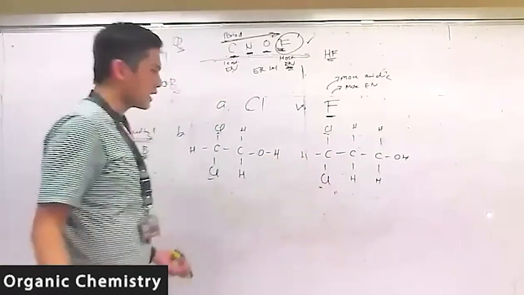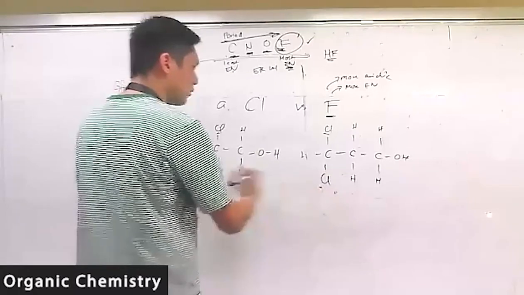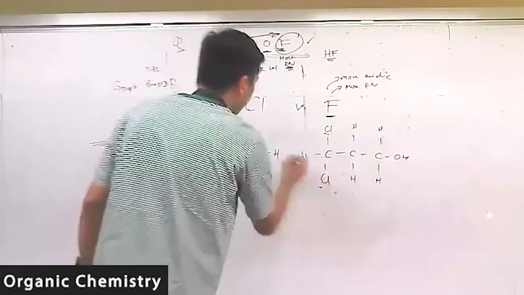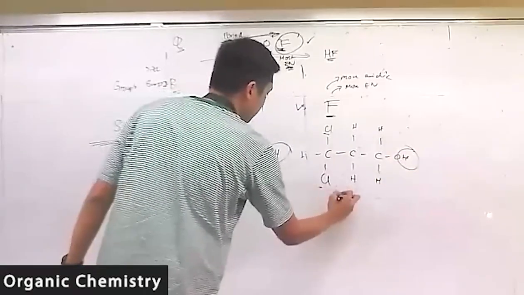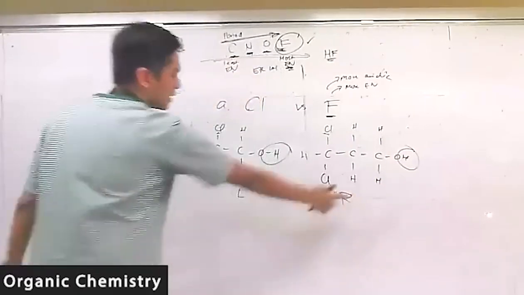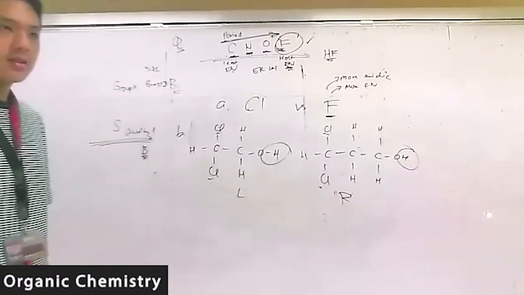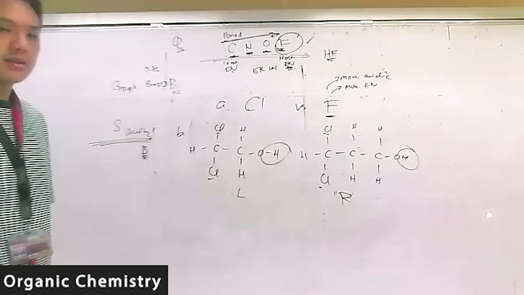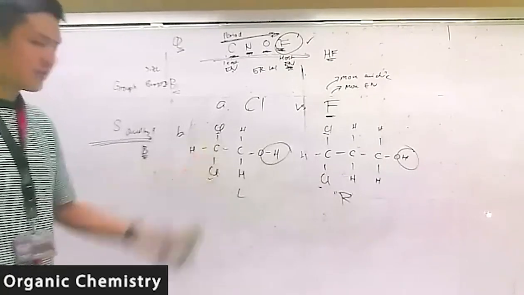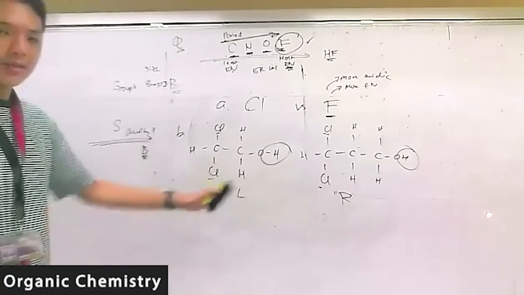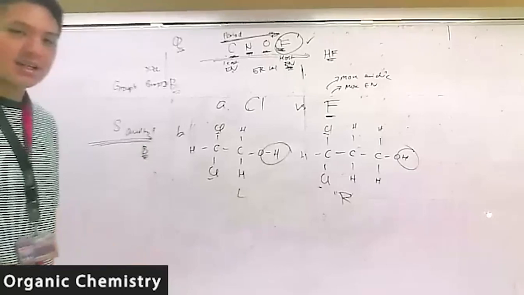Same number, same electronegative. So how do we know what is the factor, what differentiates them in terms of the acidity of the OH? Which is more acidic, left or right? Alin dito? What is the factor that differentiates them? What do you think? Left or right? Alin dito mas acidic? You could guess. Any guess?